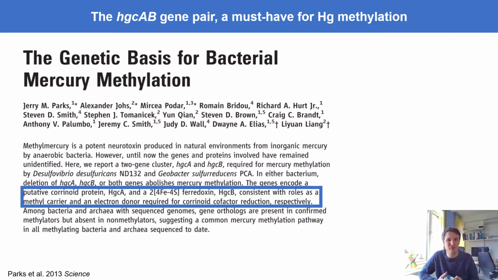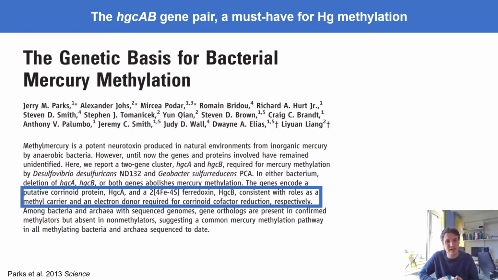They were mostly in three taxa: Deltaproteobacteria, Firmicutes, and methanogens from Archaea. And the discovery of these genes actually allowed us to expand the known diversity of mercury methylators in the ecosystem.